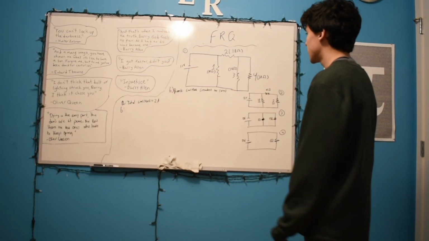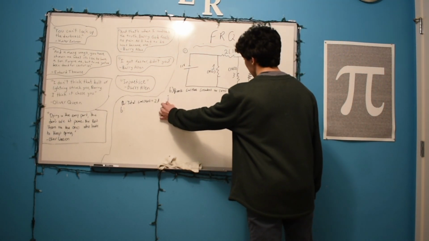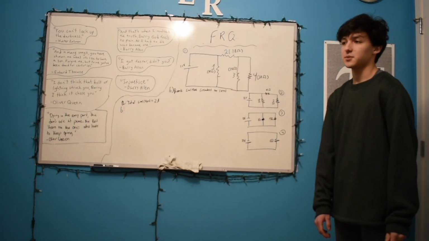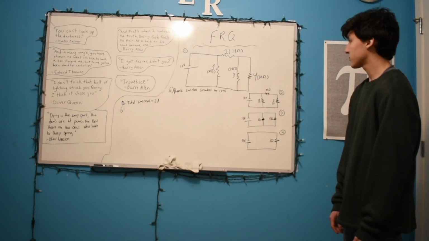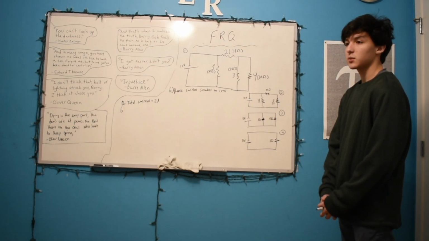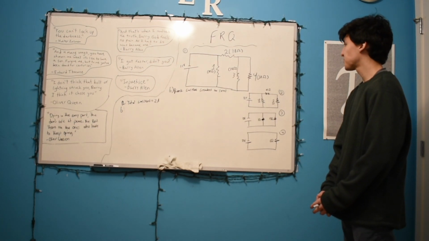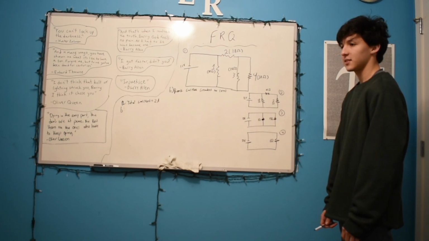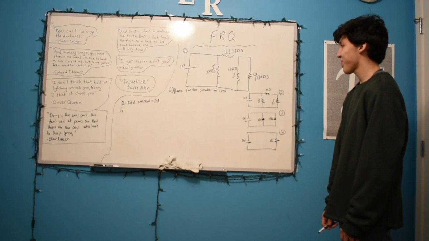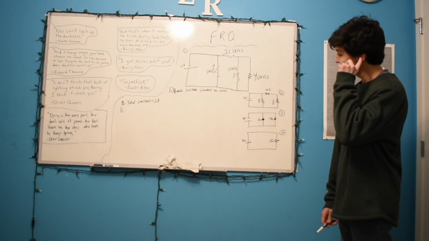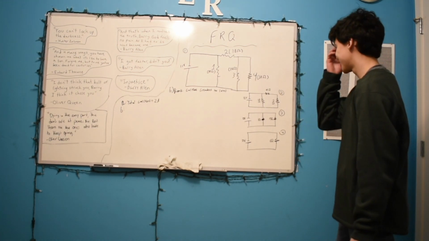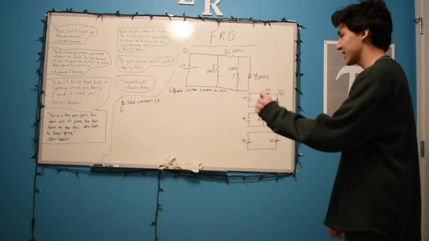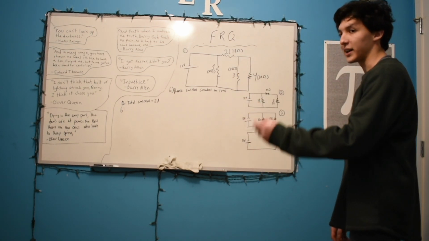Alright, so, part B. I have to rank the currents from greatest to least in all these scenarios. In each of the resistors. 1, 2, 3, 4. Wait, then why do I need this? It'll just be helpful. Is it just like mathematically? You have to write it all out.